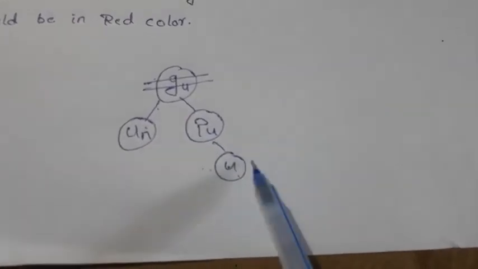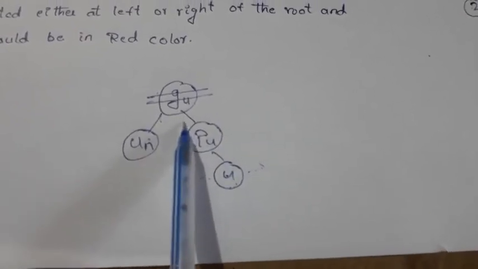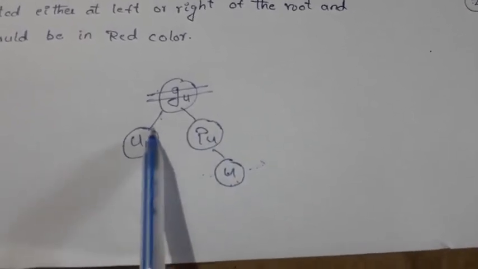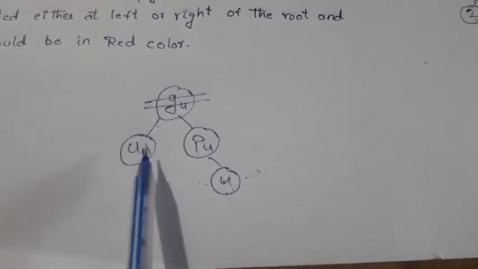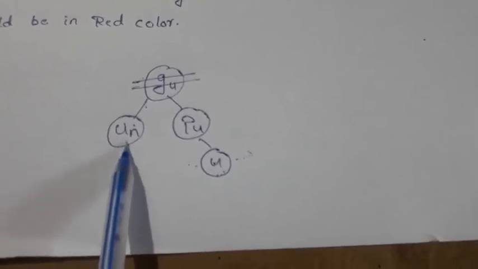U is the newly inserted element. I am considering U as a newly inserted element, and PU is nothing but the parent of U, and GU is nothing but the grandparent of U, and here UN is the uncle node. If the tree is imbalanced in any situation, we are going to balance it based on the color of this uncle node.